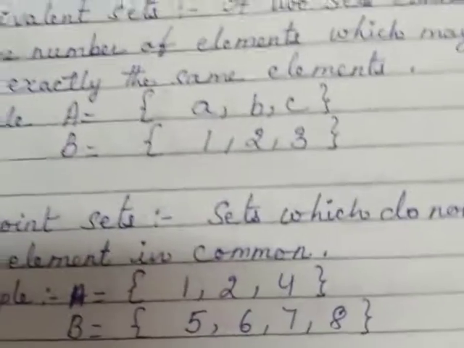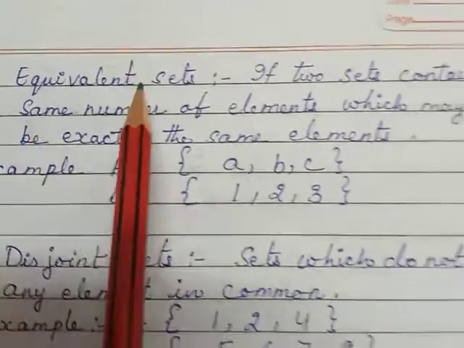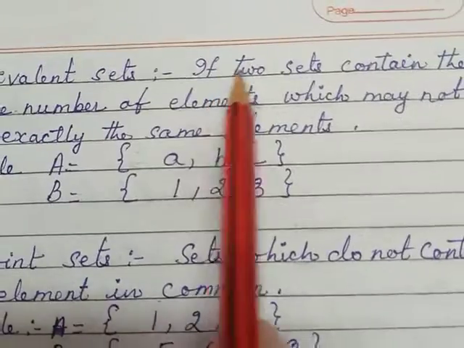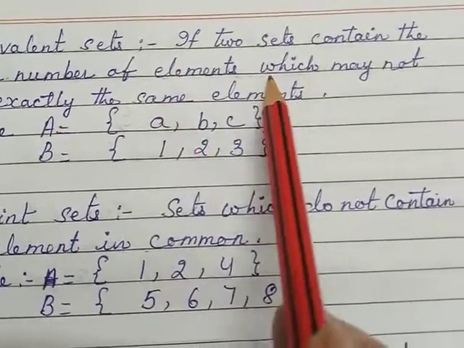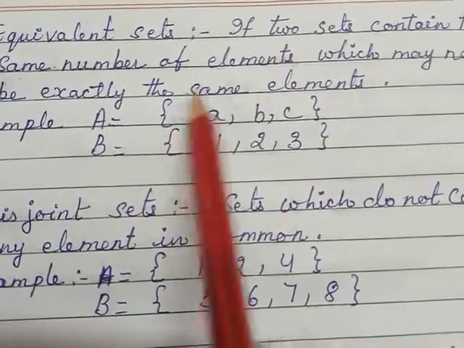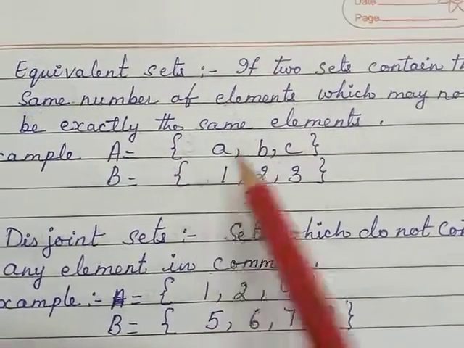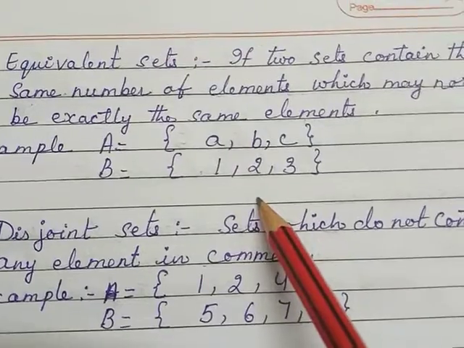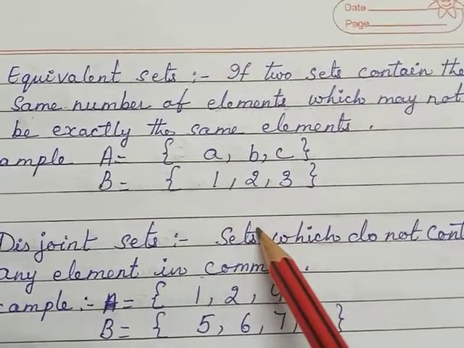Now the next type of set is the equivalent set. Equivalent set means if two sets contain the same number of elements which may not be exactly the same elements. So equivalent set means even though the elements are not same, they are same in their counting.